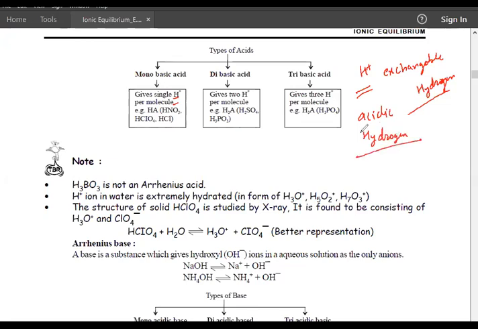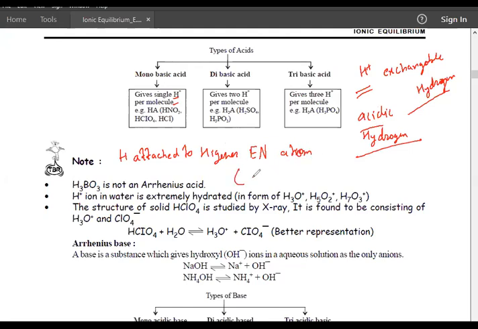What is the meaning of exchangeable hydrogen, or acidic hydrogen? It is the hydrogen which is attached to a highly electronegative atom.